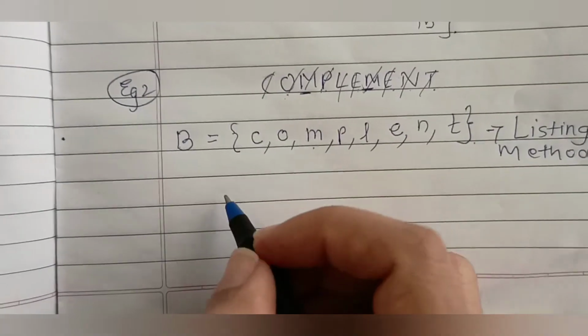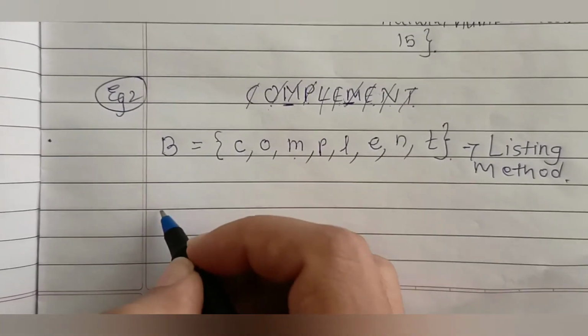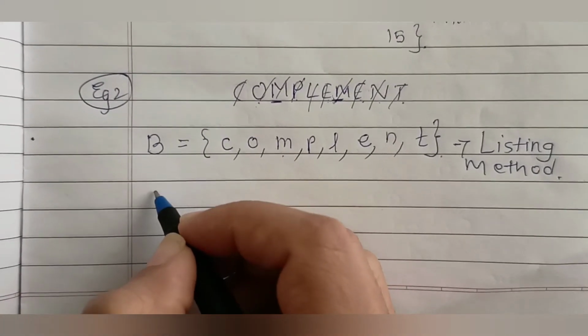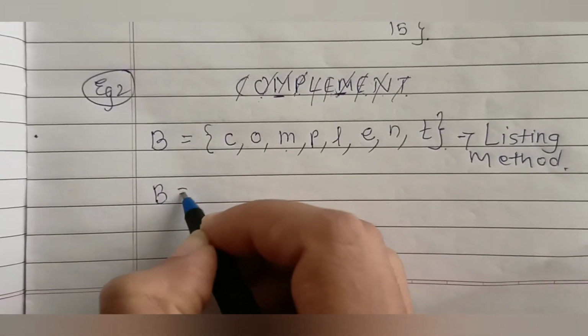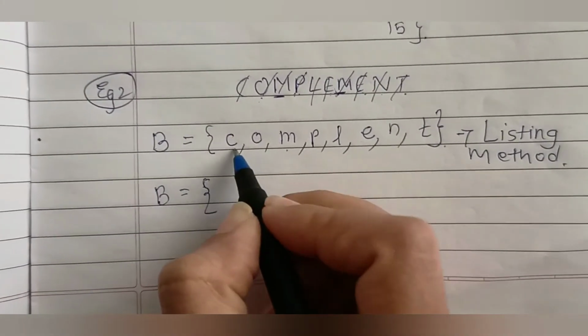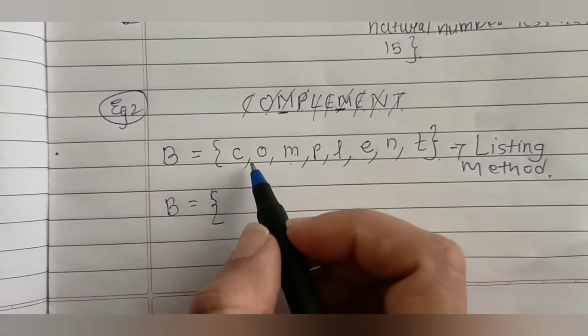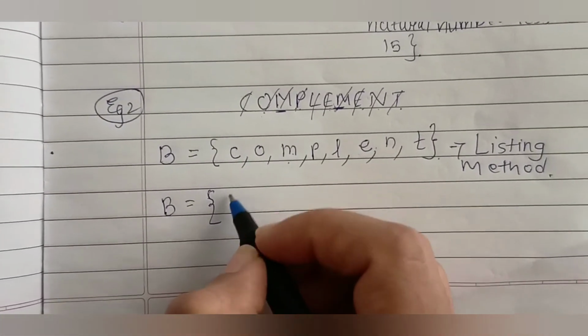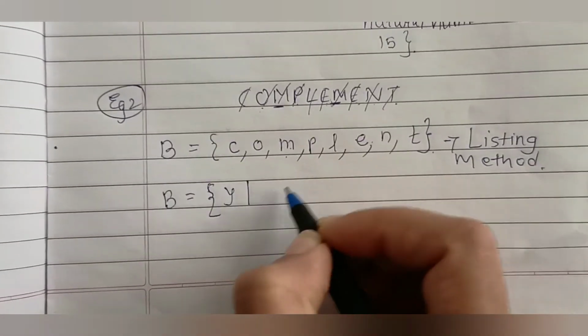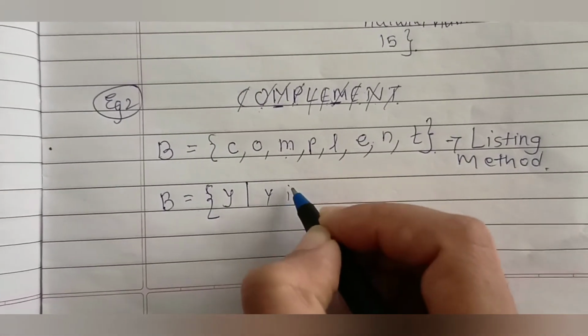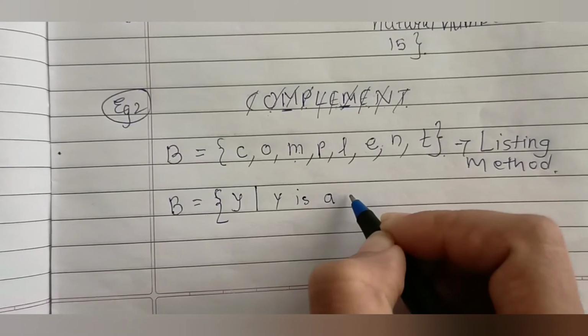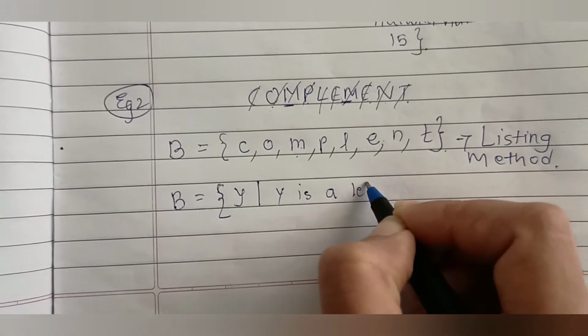Same example, I'm going to write it down using rule method. That means we are going to write down the rule. So here we'll consider all the elements. As I told you all, in rule method we have to consider a variable. So here I'll be using y. This y is a letter.